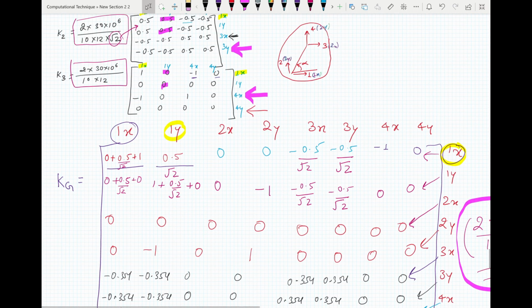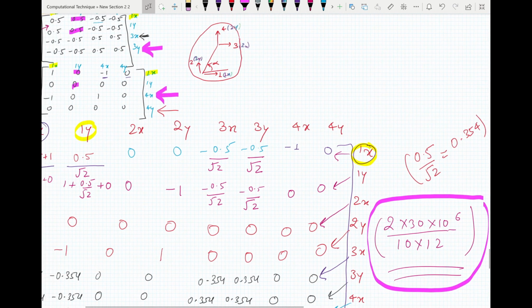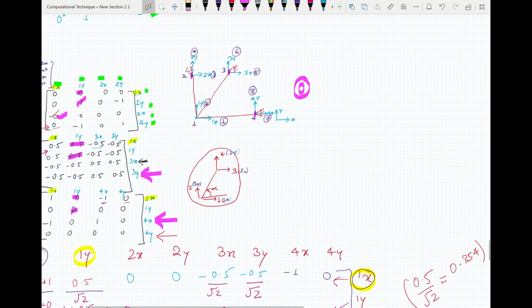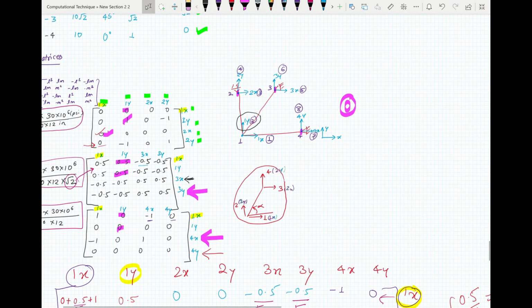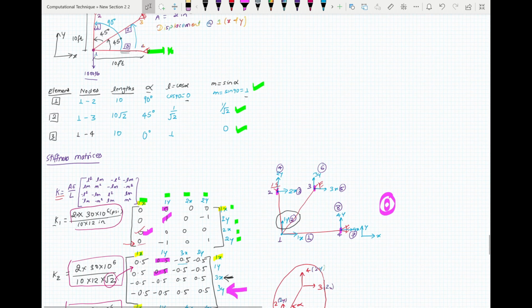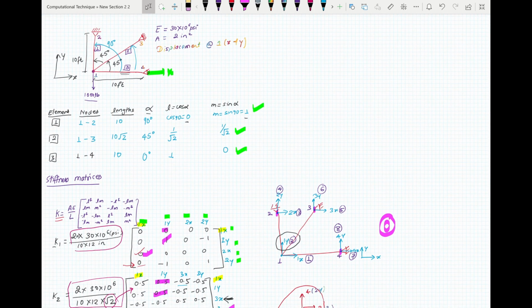And when you look at the forces, you'll see that in the degree of freedom of F1y here, we have load applied. That load is equal to 1000 pounds, but in opposite direction. So your F1y will be equal to minus 1000 pounds.